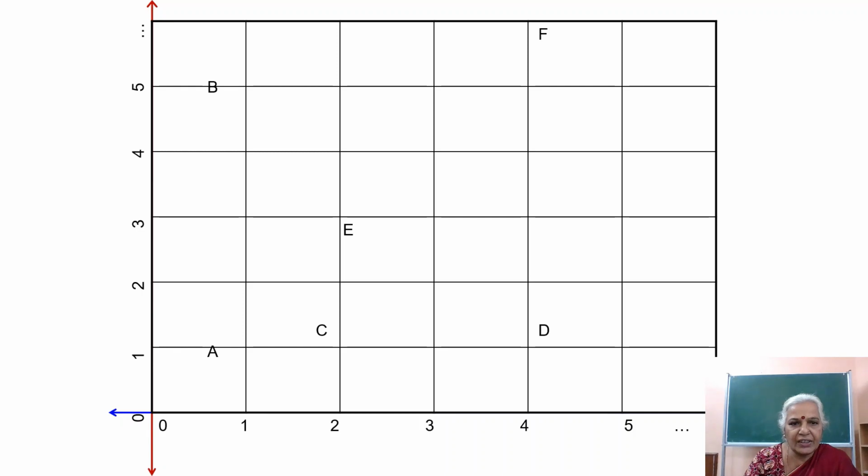Now, some points are given on the Cartesian plane: A, B, C, D, E, F. Now, the distance between A and B. Here, you have learned that the distance between 2 points is called a line segment. It can be measured using the scale.